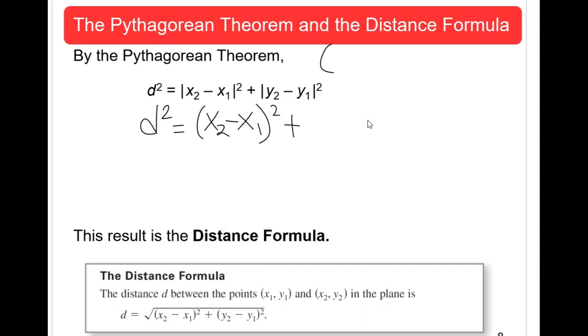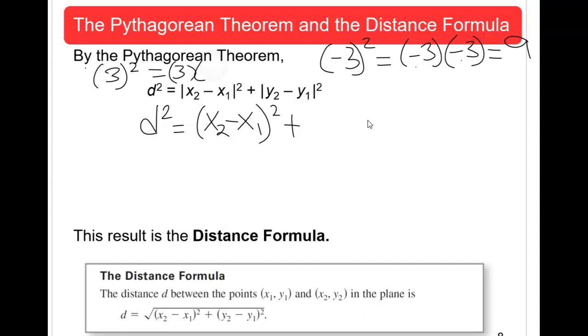For example, if the difference was like our previous example, -3 squared, that will be -3 times -3, and a negative times a negative is positive, so we get +9. But also if we had 3 squared, that will be 3 times 3, so that will also be 9.